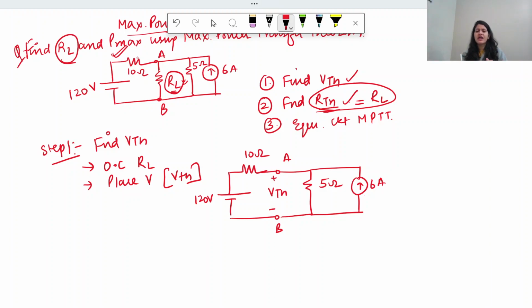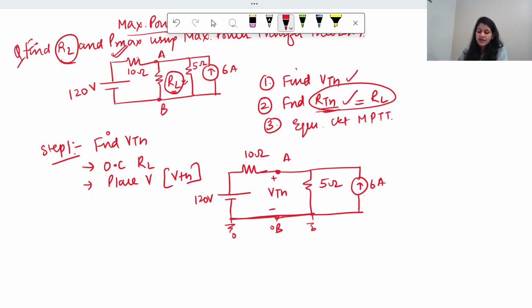If you get the negative of VTH, then that means that whatever VTH we have considered is opposite, right? So for now you can just take this. The other thing is, you should know that all this is ground, or you can say that these all are at zero potential.